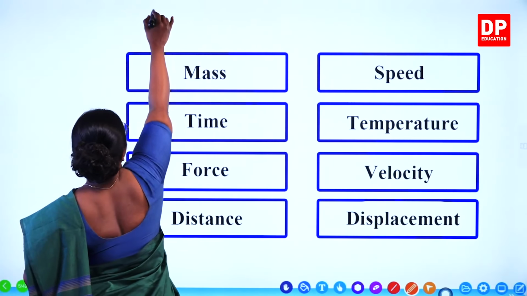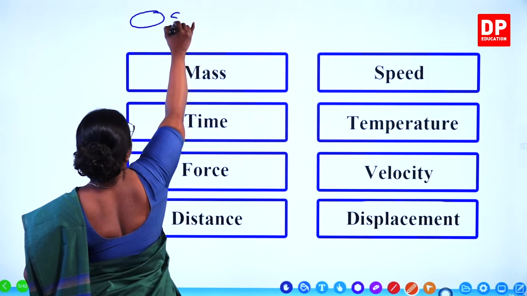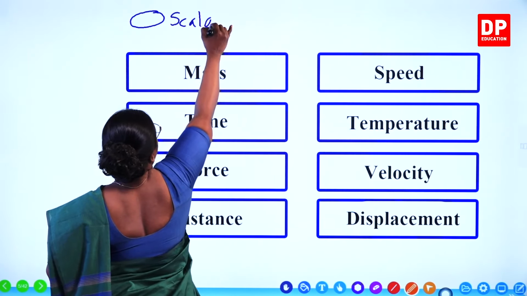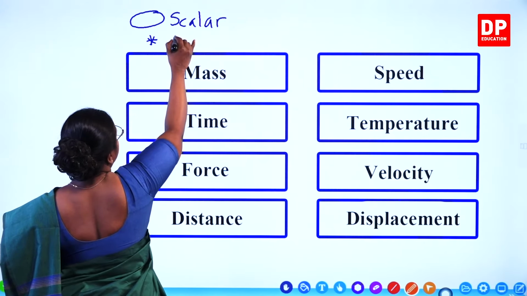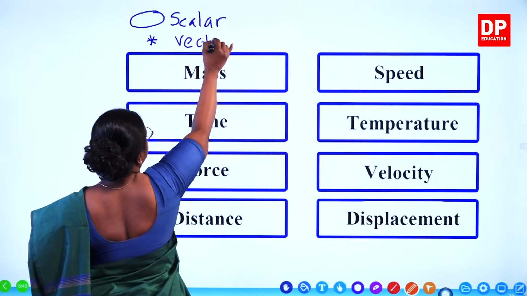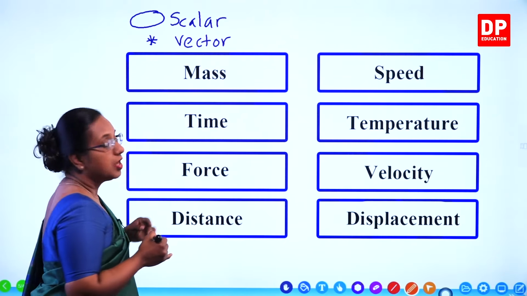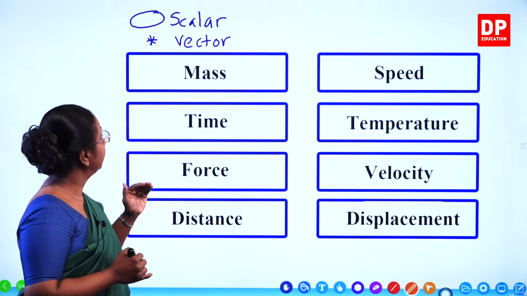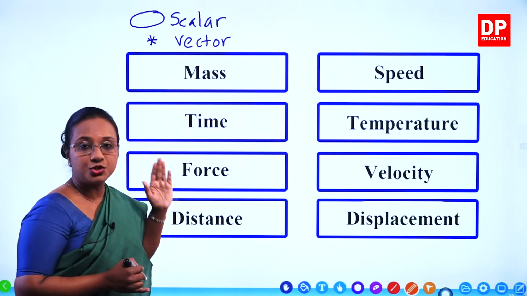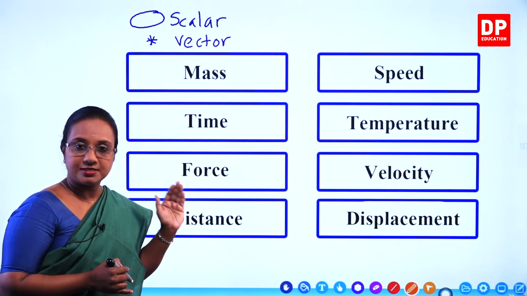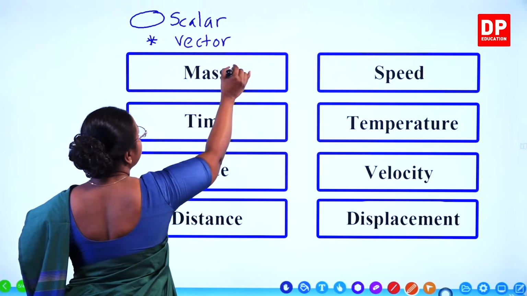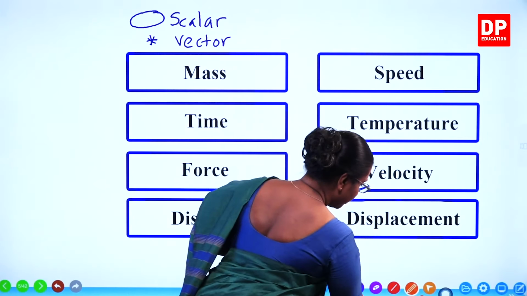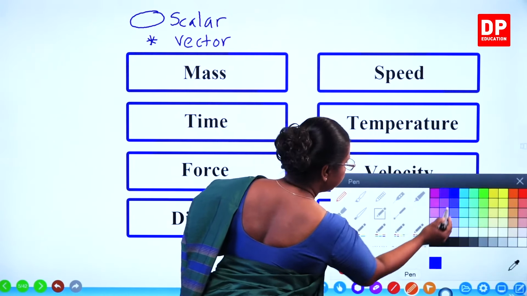I will use a circle to denote the scalar quantity and I will use a star to denote the vector quantity. So as we discussed before, mass does not have a direction, it has a magnitude, therefore it comes as a scalar quantity. I will use a different color as well.